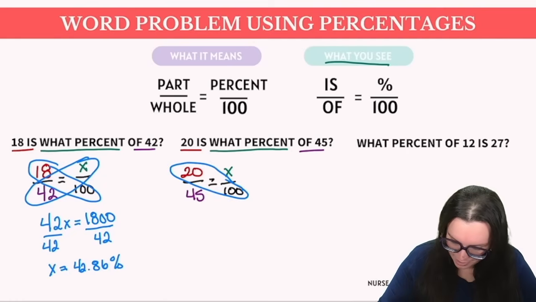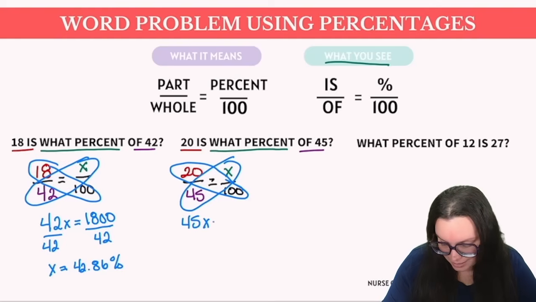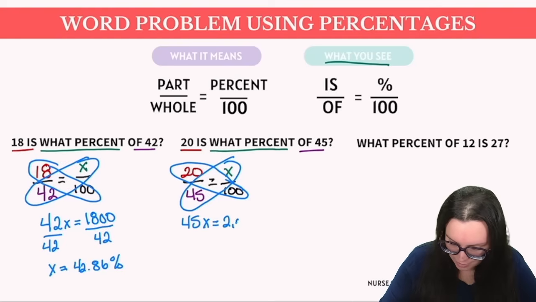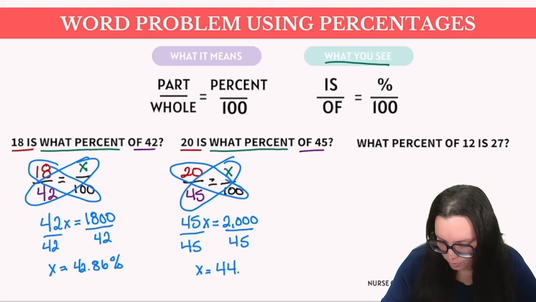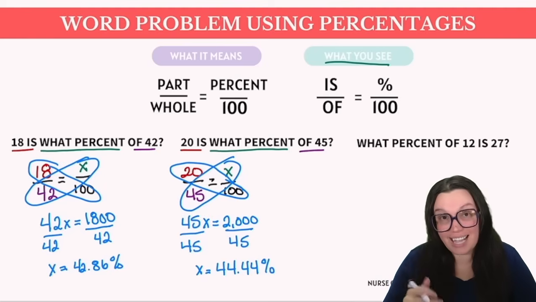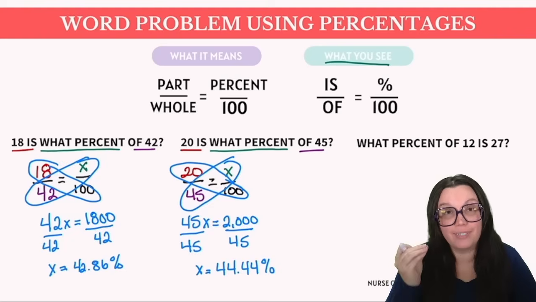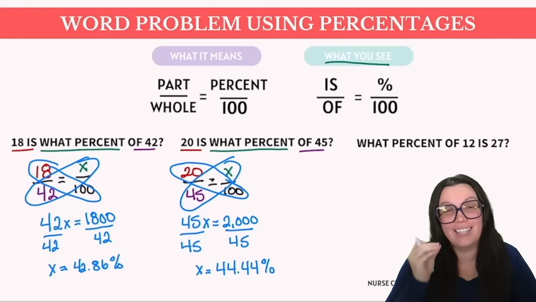That's going to give us 45x is equal to 2,000. Then we're going to isolate our x by dividing both sides by 45. And that is going to give us x is equal to 44.44%.